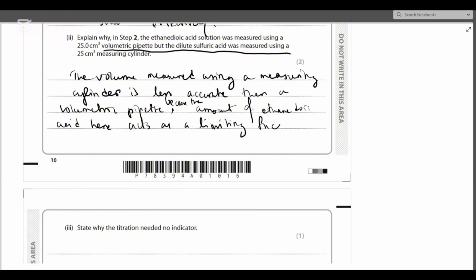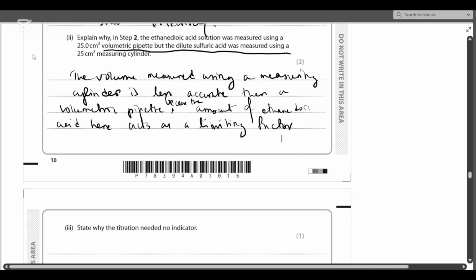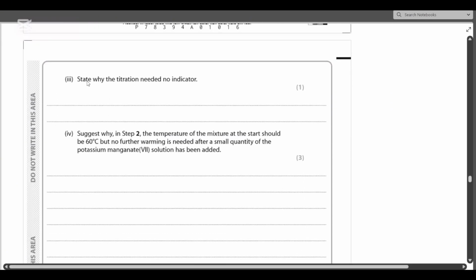Or you can say in the reverse argument that the sulfuric acid is in excess amount, so it makes it much less important to accurately measure the excess reactant, which is sulfuric acid in this case. So moving on, state why the titration needed no indicator.